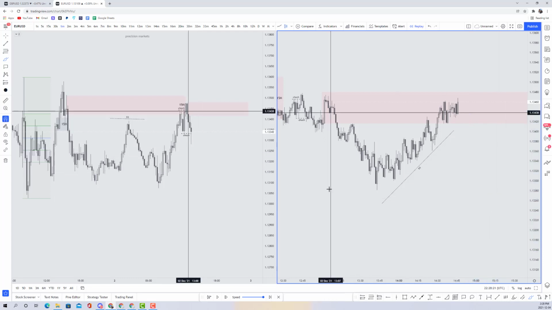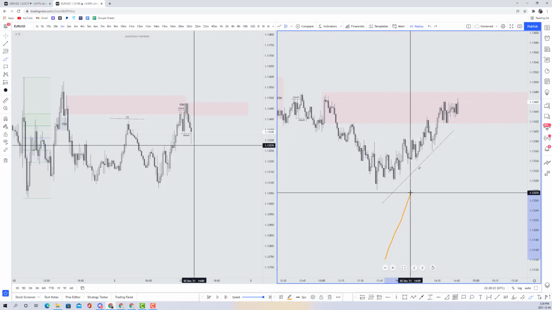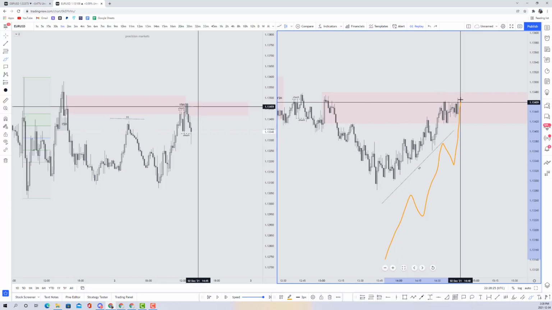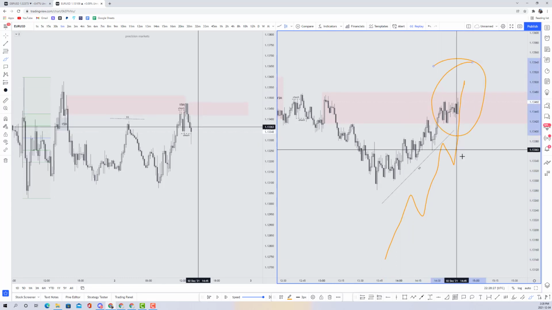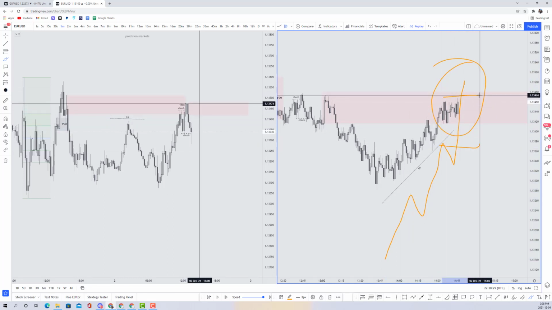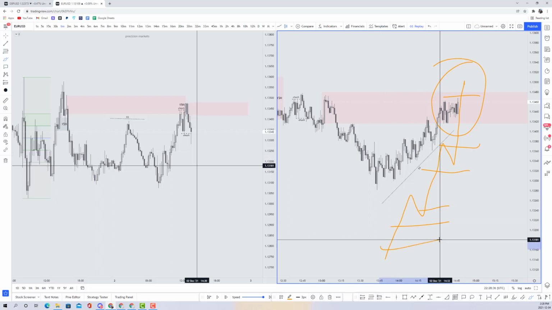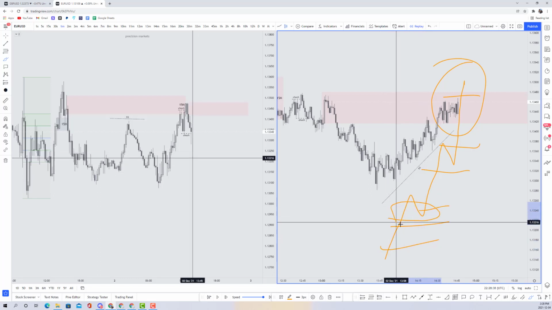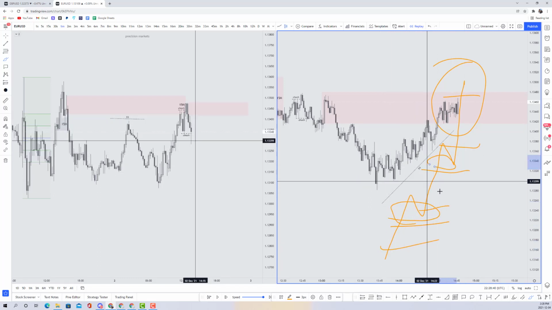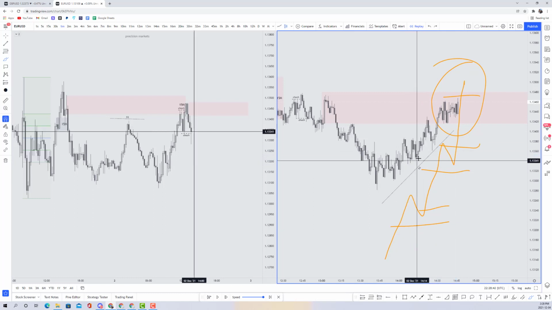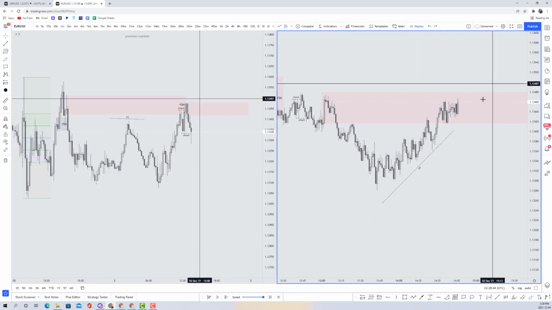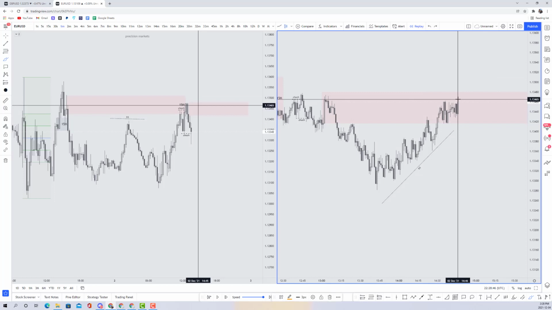So on the flip side of things, if the market did something like that, and then it tapped into this supply, and you had all this gap of unmitigated little 1 minute demands all in there, and you had these gaps to fill, the only thing you really mitigated is this area. So everything else is unmitigated, and what that means then is the BFIs have a harder time to come through it.